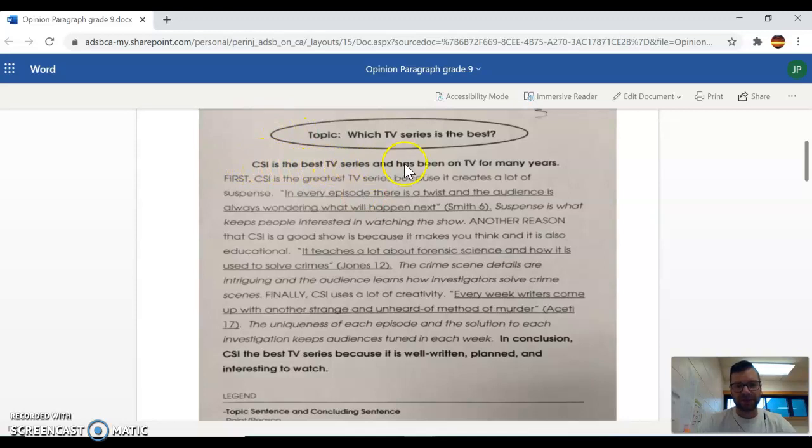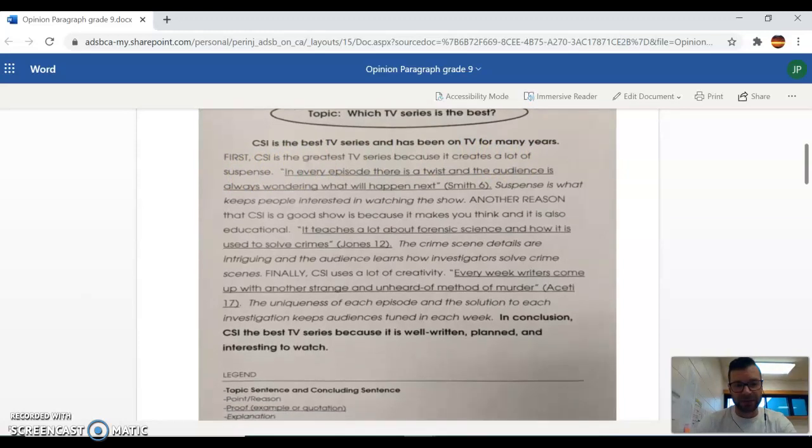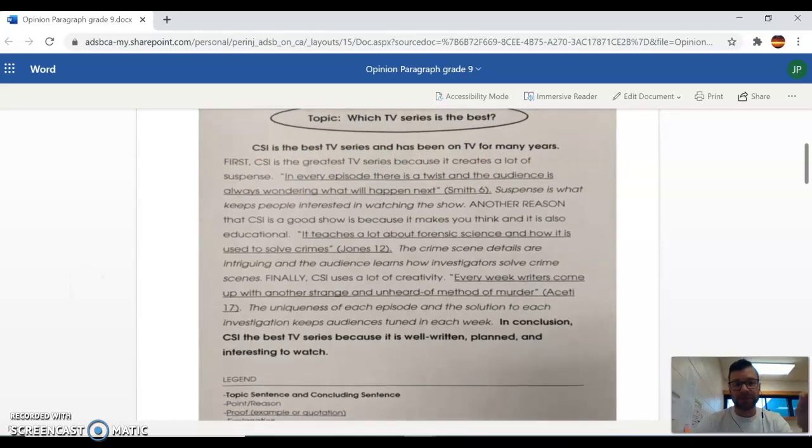CSI is the best TV series and has been on TV for many years. First, there's your transition word in all capitals. CSI is the greatest TV series because it creates a lot of suspense. Now, if we go back down to the legend, we're going to see this is the proof. Proof about the suspense.